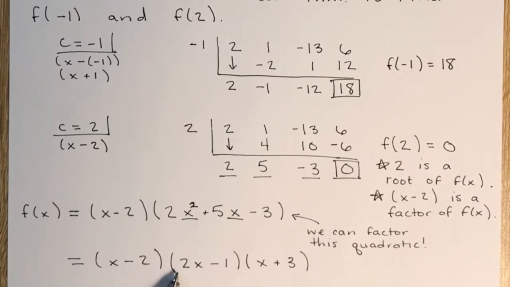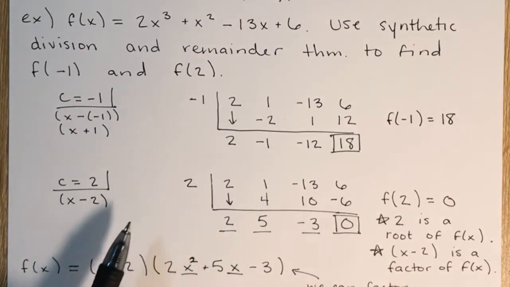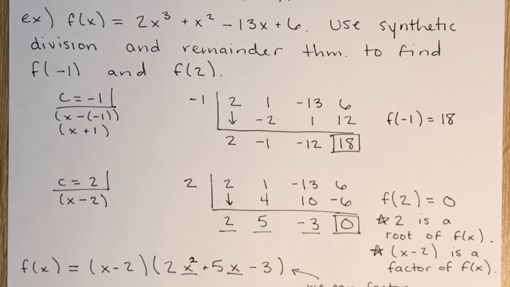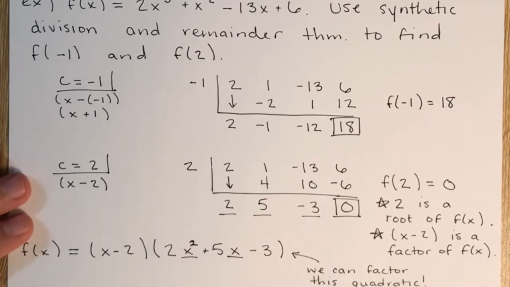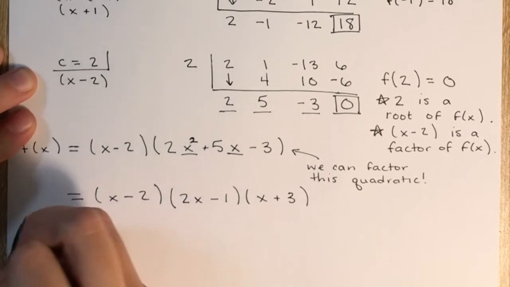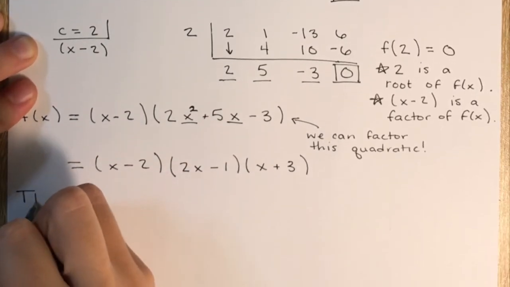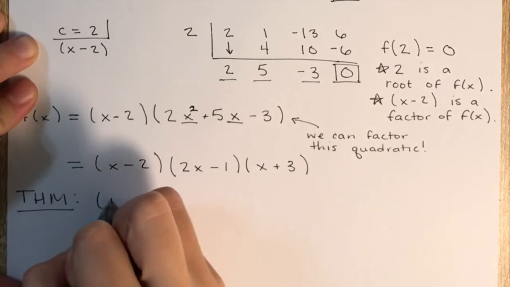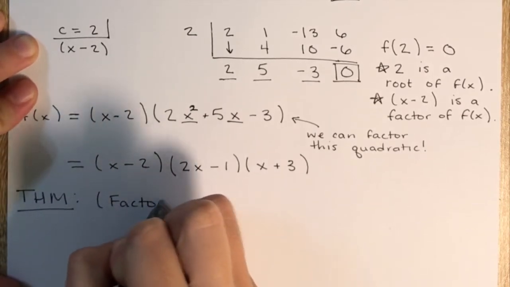So we actually found so much information just by looking for f of 2 for this function. And one big piece of information that I'd like to highlight is something that we're going to call factor theorem. So our second theorem, this is called factor theorem.